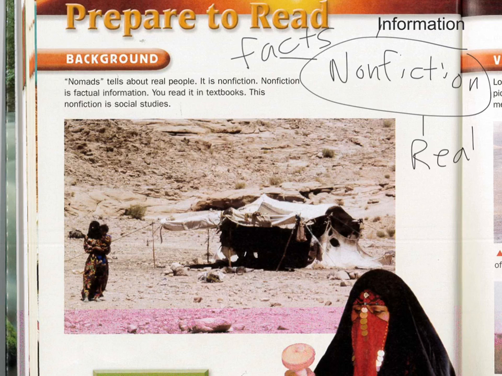Nonfiction is facts. Nonfiction is information. Nonfiction is in textbooks. Write that in your notebook. If I say, what is nonfiction? You can tell me nonfiction is information. Nonfiction is real. Nonfiction is textbooks. Nonfiction is facts.